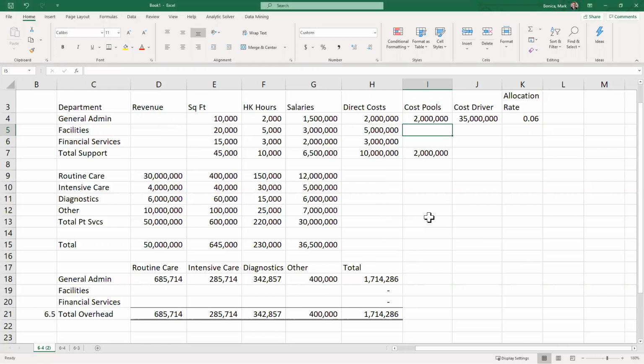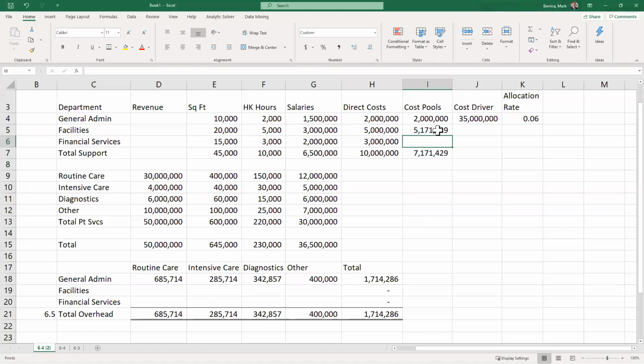So the cost pool for facilities is going to be 5 million in direct costs plus 6 cents per dollar of salaries times the 3 million in salaries for facilities.